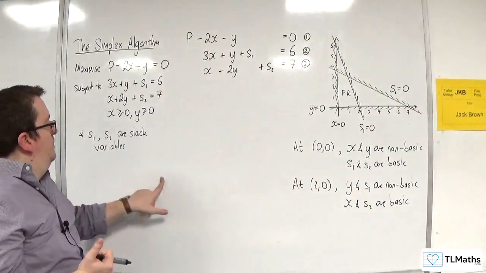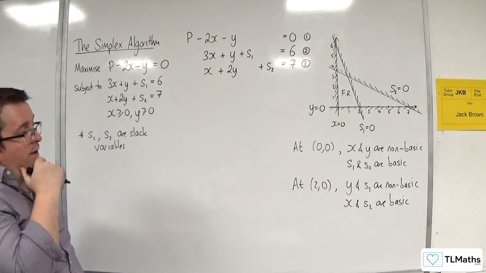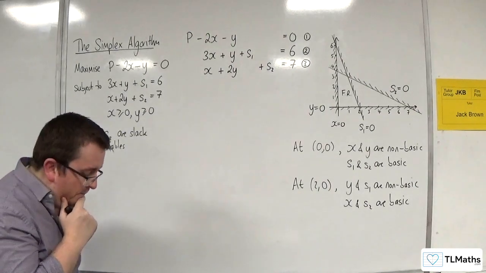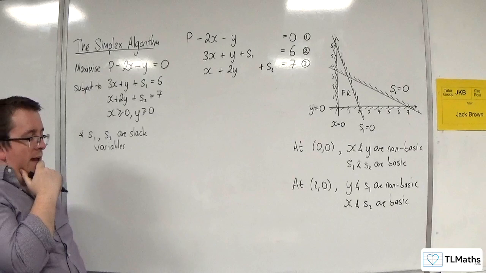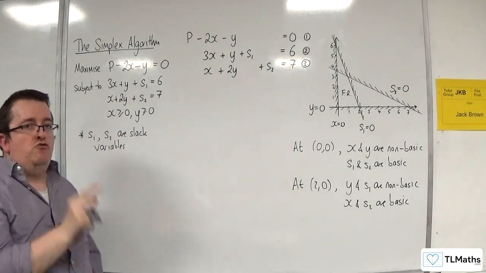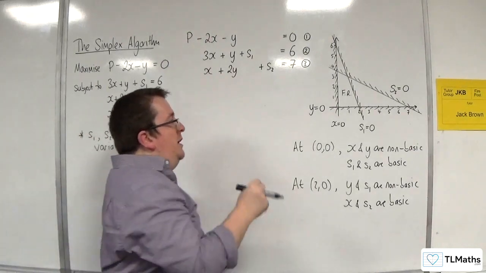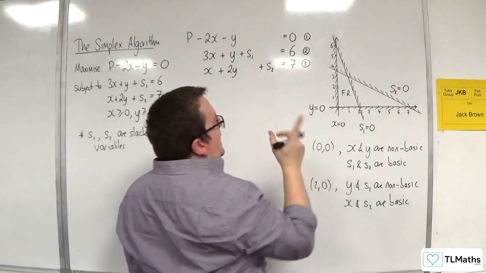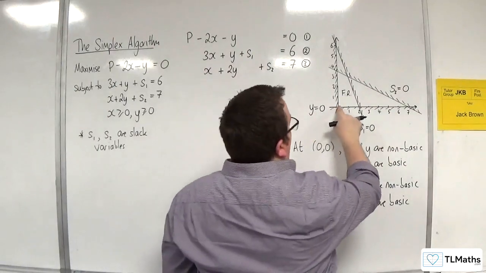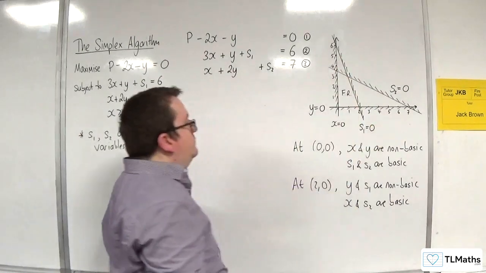Right, so how does this algorithm work? Okay, well the first thing is that I need to decide in which direction I am going to go. So remember, I start at the origin, and then I need to determine, am I going to go that way, or am I going to go that way?